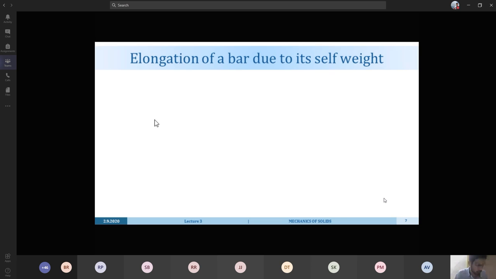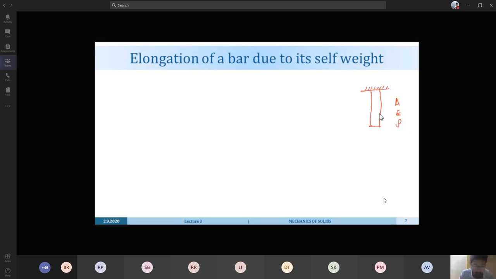Now I want to show the elongation of a bar due to its self weight. So we have a bar, having cross-sectional area A, elastic modulus E, and mass density rho.